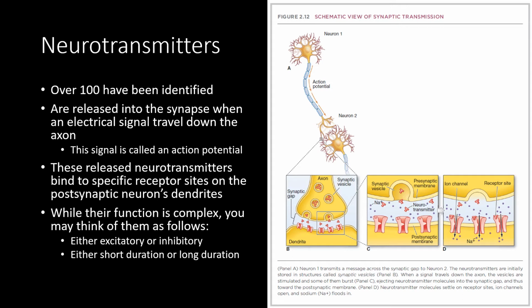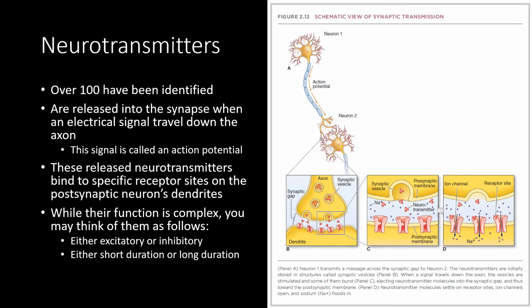You'll see that this is a zoomed in portion of the connection between one of the axon terminals and one of what are known as dendritic spines. Before anything happens, you have these little sacs inside the end of the axon terminals, and these contain all manner of different types of neurotransmitters.